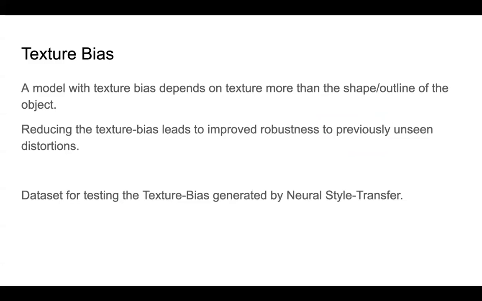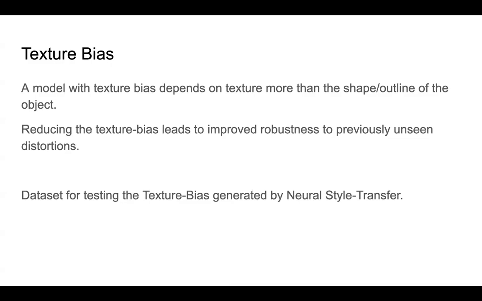But for a computer vision model, they sometimes rely too much on the texture. For example, there are many types of banana. Some bananas are yellow, some may be green. If I show a computer vision model a yellow banana, it may well predict that it's a banana.